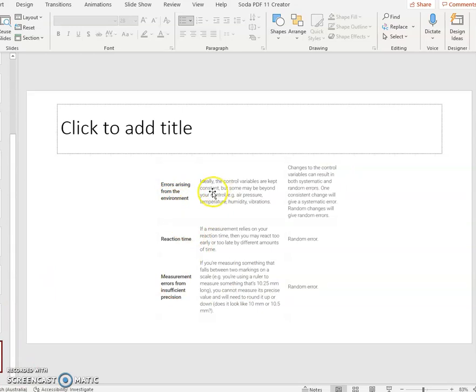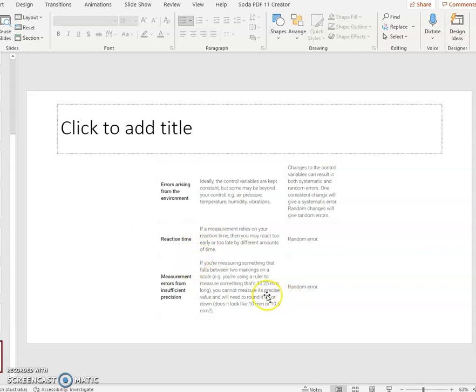Then there are errors arising from the environment. Ideally the control variables are kept constant, but that may be beyond your control, like air pressure, temperature, humidity, and vibrations. These changes in variables could be either systematic or random, depending on whether the change in temperature was consistent across the whole experiment, or went up and down throughout the experiment, in which case they would be random errors.